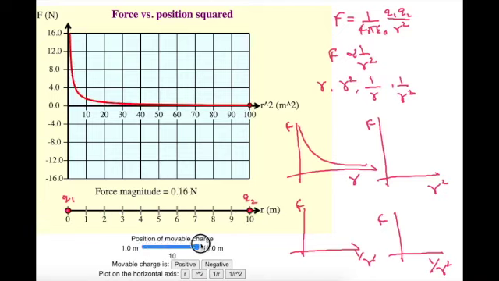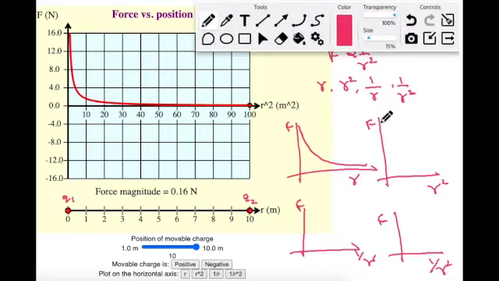It is similar to the force versus R, but the force decreases rapidly. The force versus R square is similar to the force versus R, but the graph decreases very rapidly. So both the graphs are similar, force versus R and force versus R square.